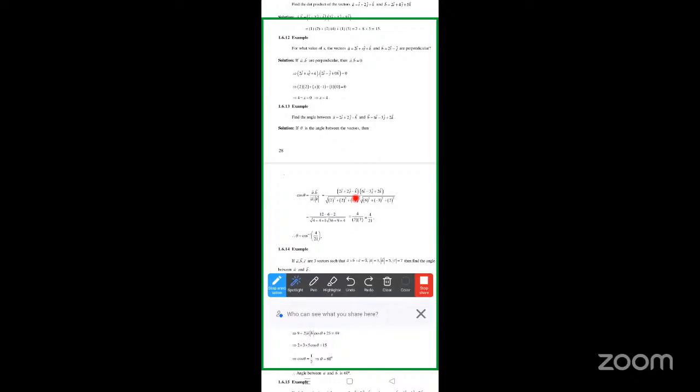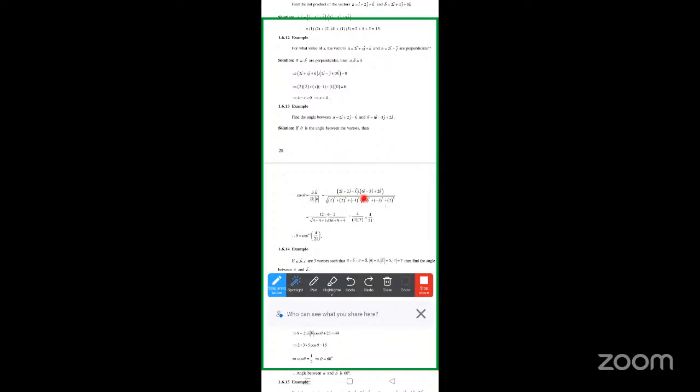A dot B is (2i plus 2j minus k) dot (6i minus 3j plus 2k), divided by the magnitude of A, root over 2 square plus 2 square plus minus 1 square, for the first vector, and for the second vector, root over 6 square plus 3 square plus 2 square. So this is the magnitude.